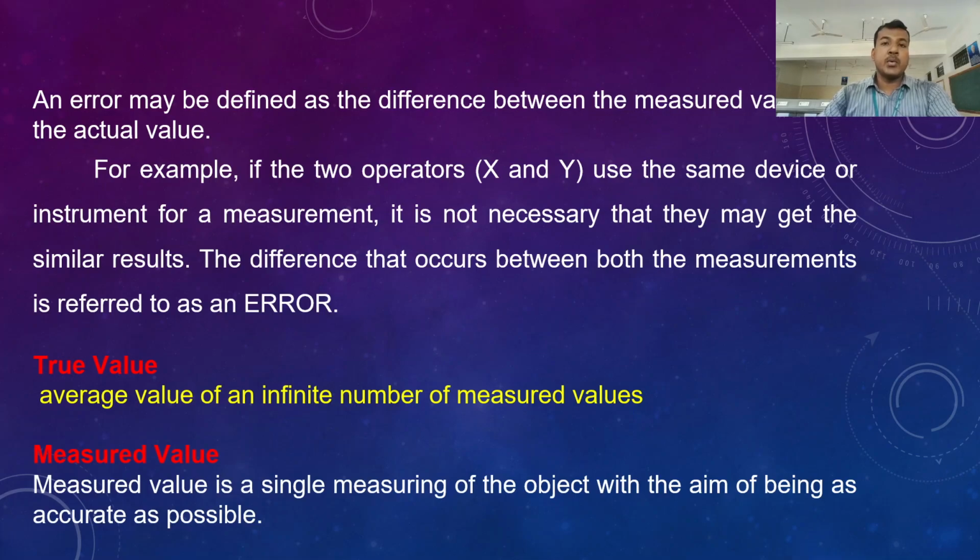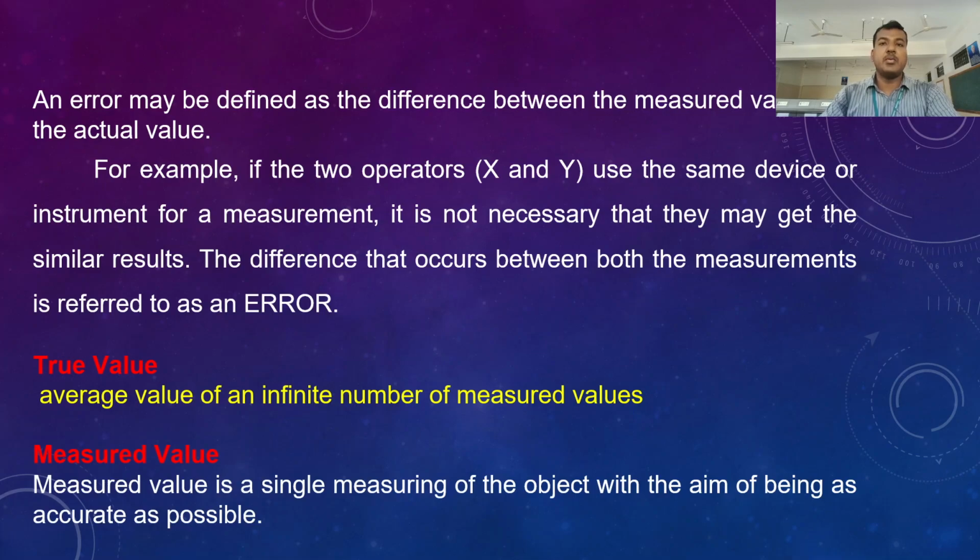The true value is the average value of an infinite number of measured values. Say, for example, we measure 5 times and it shows different values each time. We take the average of those and consider it the true value. The measured value is a single measurement of the object with the aim of being as accurate as possible.